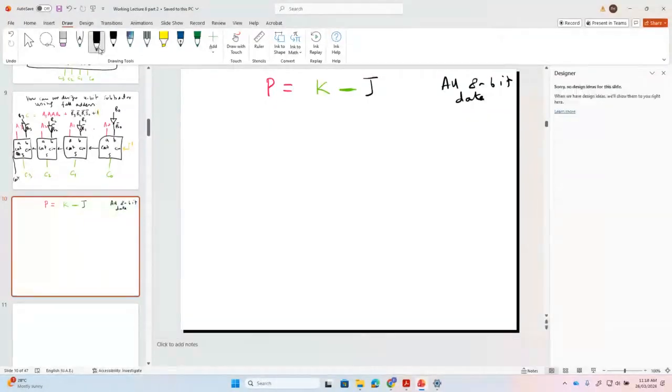So if it is 8-bit data, what is this P? P is actually P7, P6, P5, P4, P3, P2, P1, and P0.